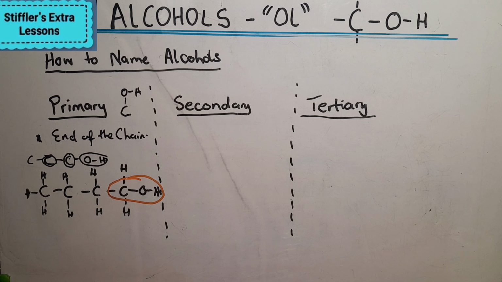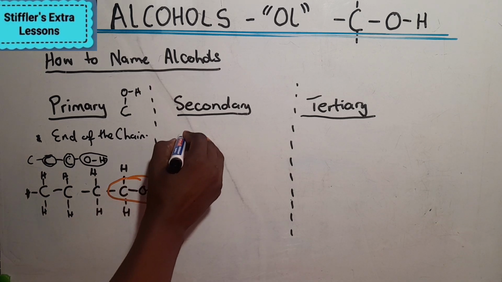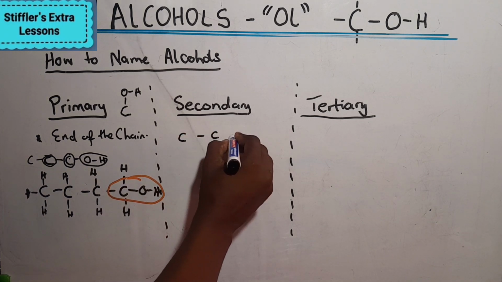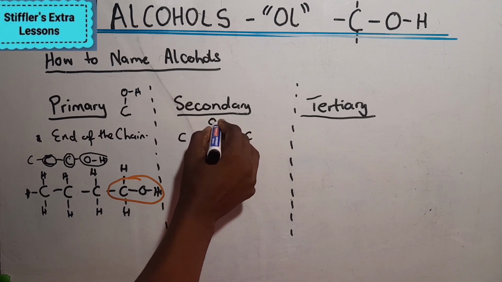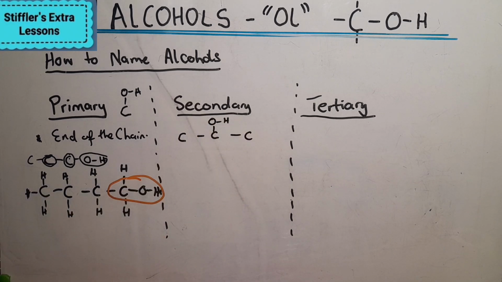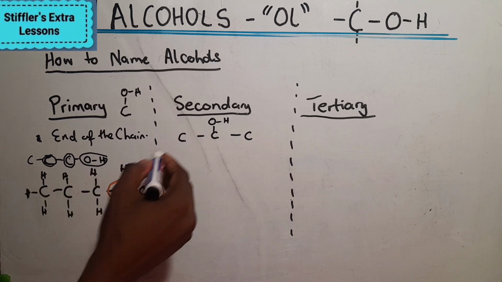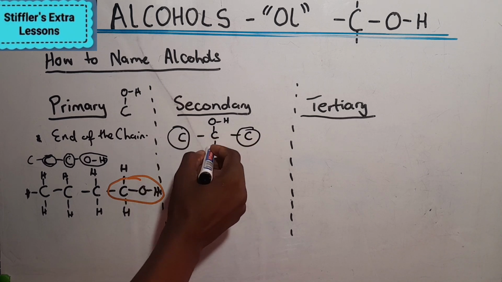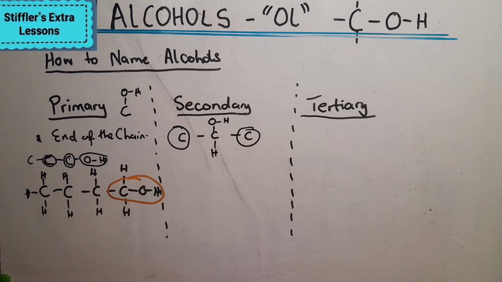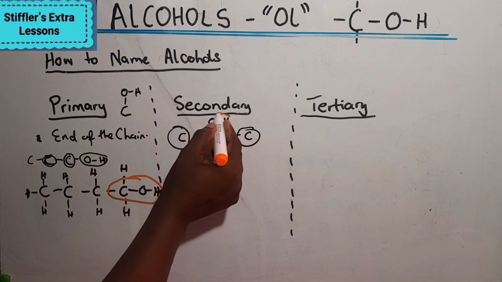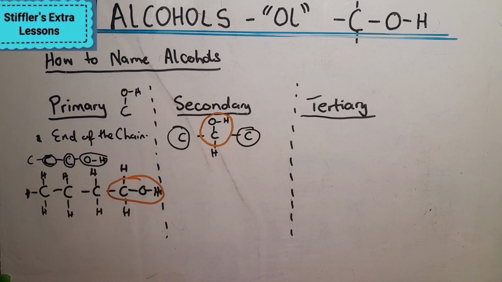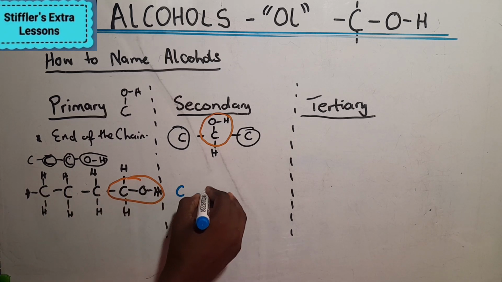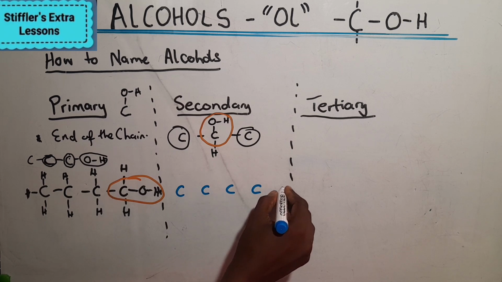And when you move to the secondary alcohol, the carbon that is carrying the hydroxyl is bonded to two other carbons. Can you see that? So this is bonded to two other carbons like that. It's more like it's in between the continuous chain. Just as an example, if we have a secondary alcohol, we have something like this.